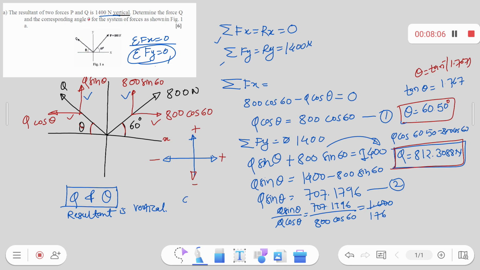These two conditions are very important: Fx, Rx, Fy, Ry. Remember this. When the resultant is acting horizontal, Ry is 0. When the resultant is acting vertical, Rx is 0. This is the basic concept that we need to use.